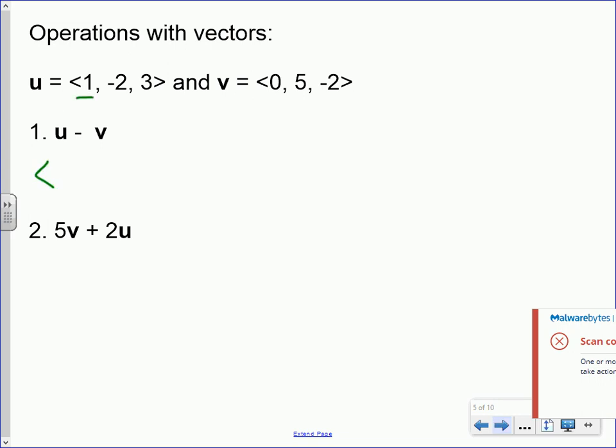Okay, so we need to subtract their corresponding components. So, or I guess the x component, 1 minus 0. The y component, -2 minus 5. The z component, 3 minus -2. Okay? At your pod together, please find me 5v plus 2u.